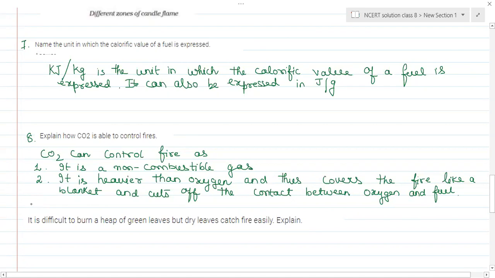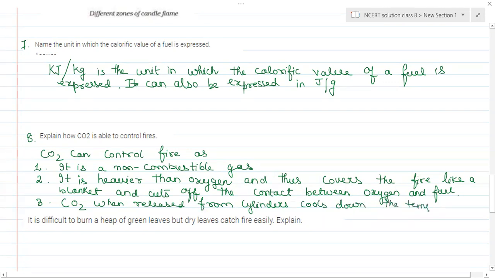So CO2, when released from cylinders, cools down the temperature. Now you have to understand, it is stored as a liquid. So when it is released as a gas, it expands and thus it cools down the temperature there, and it is helpful.